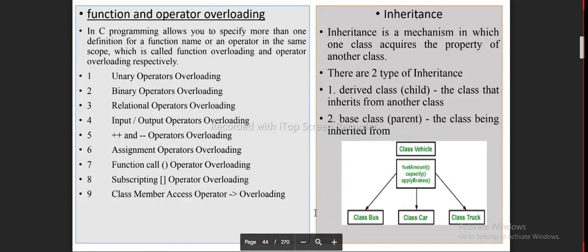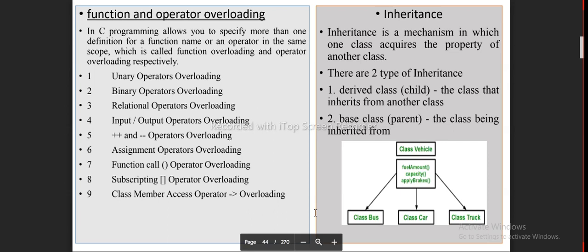Function and operator overloading in C++ allows you to specify more than one definition for a function name or an operator in the same scope, which is called function overloading and operator overloading respectively. 1. Unary operators overloading. 2. Binary operators overloading. 3.